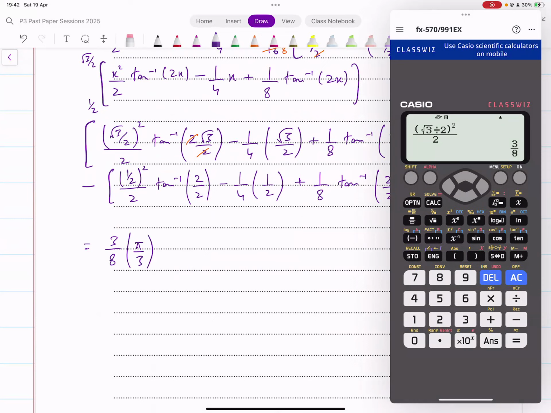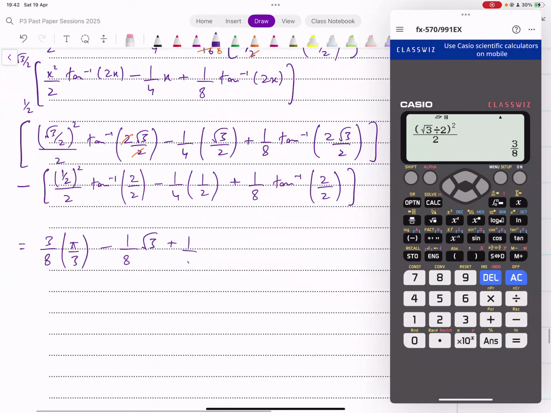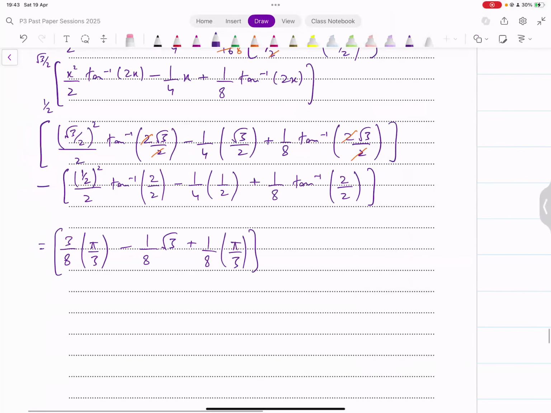You can put this on your calculator, you get pi over 3 for that. Minus 1 over 8 under root 3 plus 1 over 8 into tan inverse of under root 3. That will also give you pi over 3. That's what you get when you input x equal to under root 3 over 2.